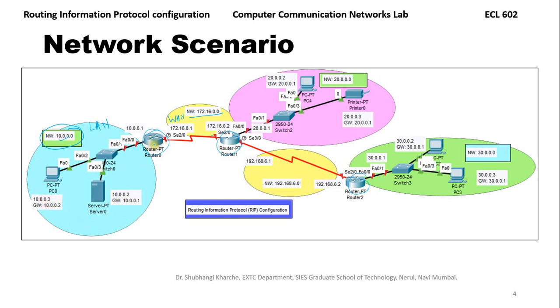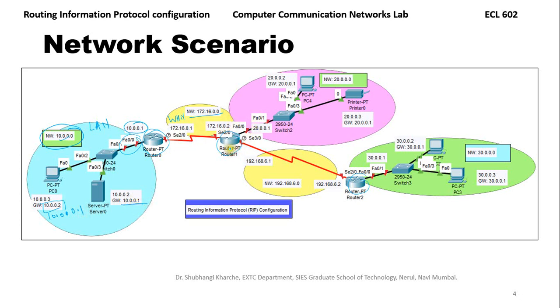Here router 0 has this fast Ethernet interface, which will be assigned the IP address 10.0.0.1, and so the gateway IP address for these devices becomes 10.0.0.1, and here also 10.0.0.1.